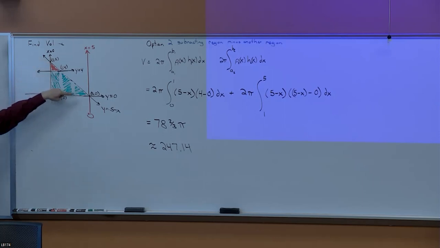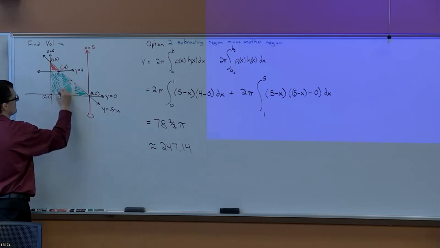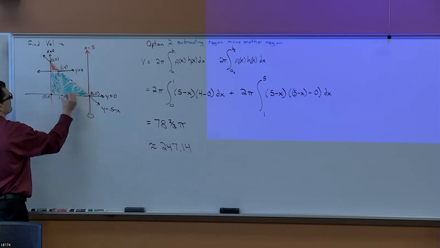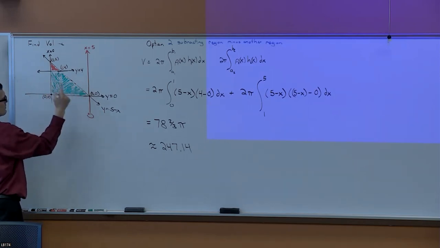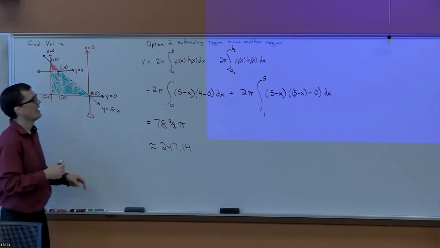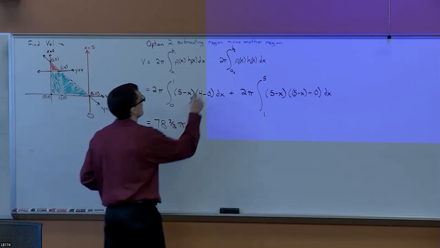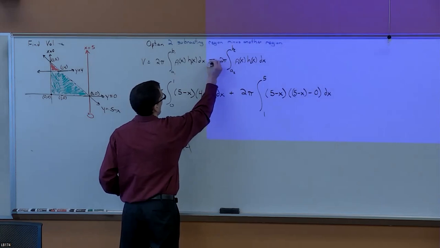So the big triangle, subtract out that small red triangle. That will give me the volume I'm looking for in the green, the volume created by taking this area, rotate around x equals 5. Okay. And so that's basically it. Let's see if we get the same thing that way.